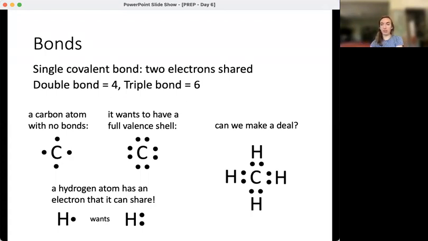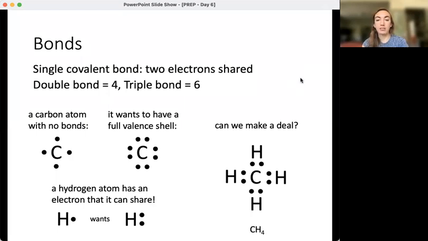In general, with all elements in the main group, we can figure out how many bonds they want based on how many valence electrons they have, which we just went over how to figure out. Do we feel okay about bonds? Cool.